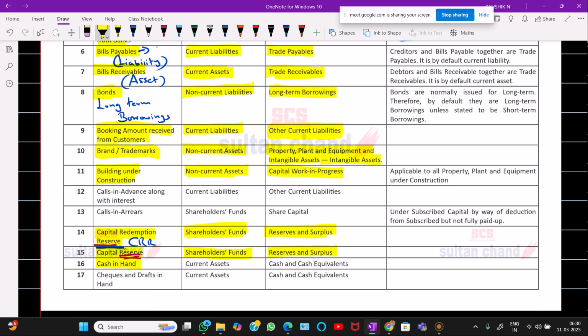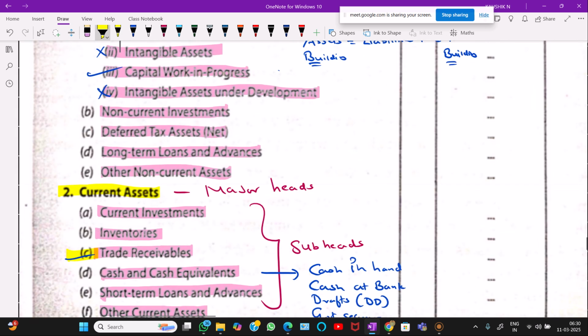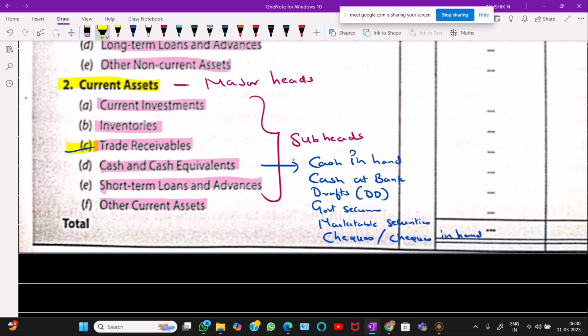Current assets, sir. It is a current asset. So what is the subhead for this item of cash in hand? Cash and cash equivalents, sir. Yes, that's what I marked here also. For cash and cash equivalents, I have made it very clear: cash in hand is an important item of cash and cash equivalents.